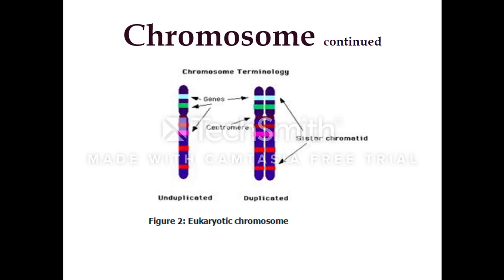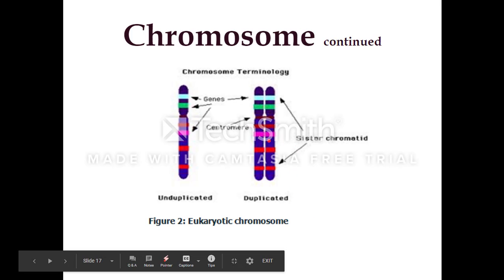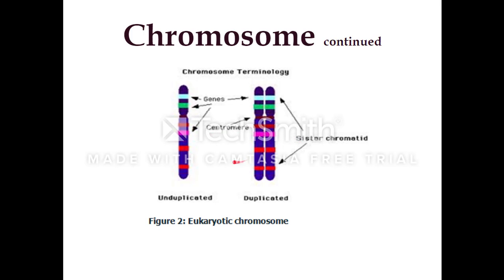So this is just the diagrammatic representation of the chromosome. This is an unduplicated chromosome, and these two are duplicated chromosomes. One is derived from the paternal side and another one from the maternal side.